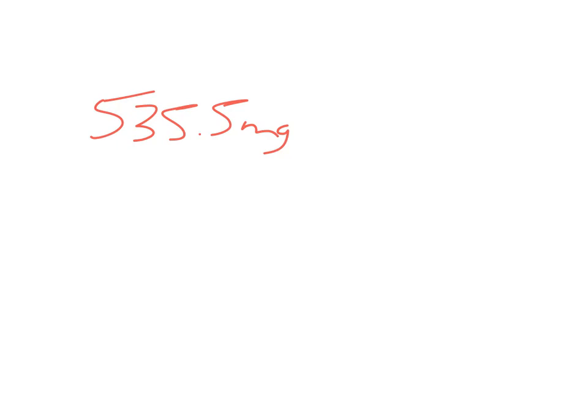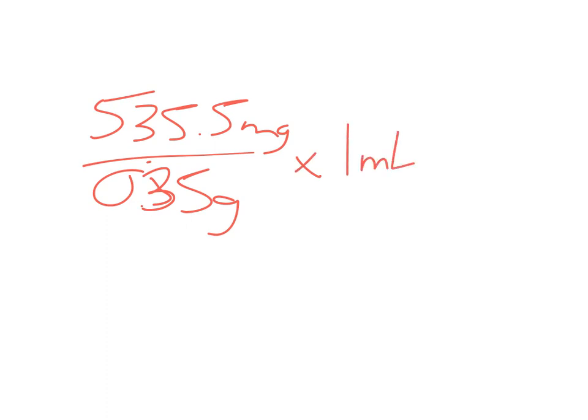But it comes as 0.35 grams per milliliter. So per 1 milliliter. Every time we use the dosage formula, remember the dosage has to match. As far as the dosage ordered and the dosage on hand, they have to match.